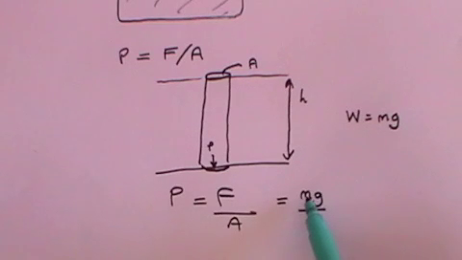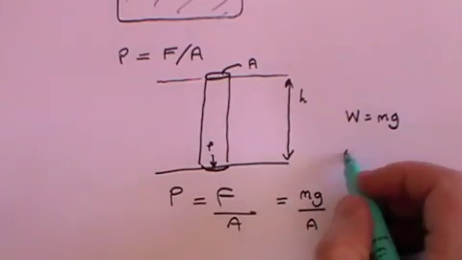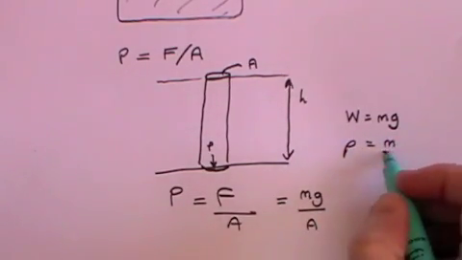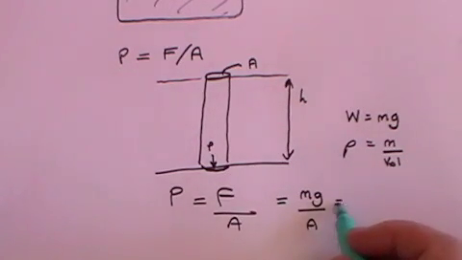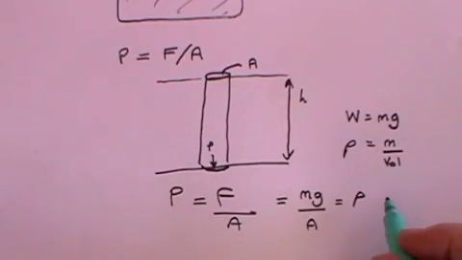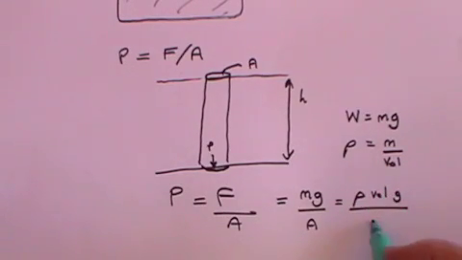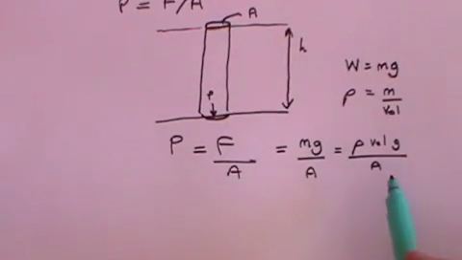But what is the mass of air? Well, mass can be deduced if you know what the density is. Density is mass divided by volume, and so mass is density times volume. So the pressure is the density, rho, of air times the volume of air times g divided by A. But what is the volume of this cylinder?